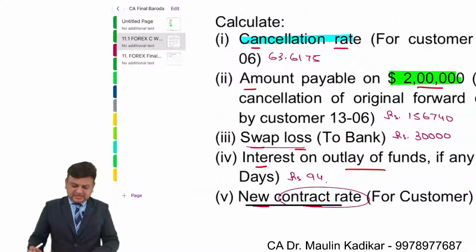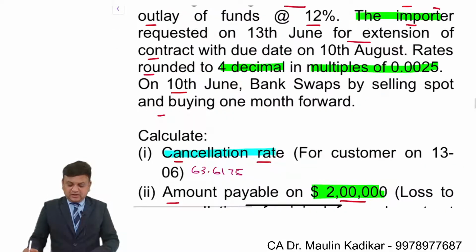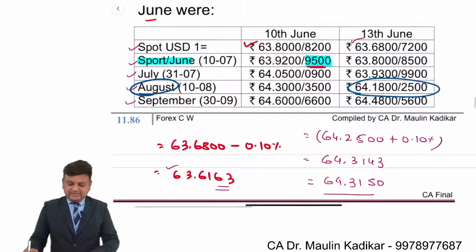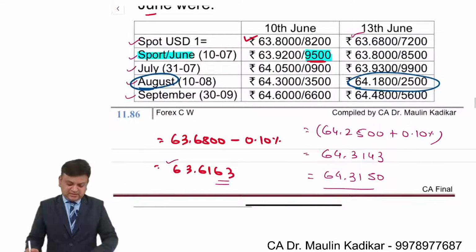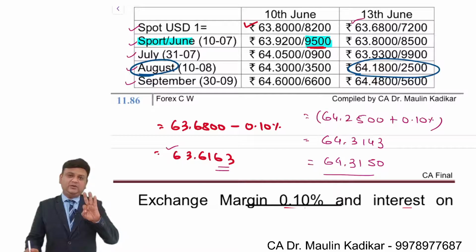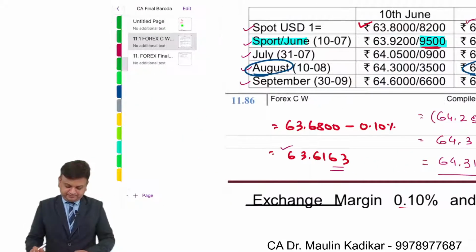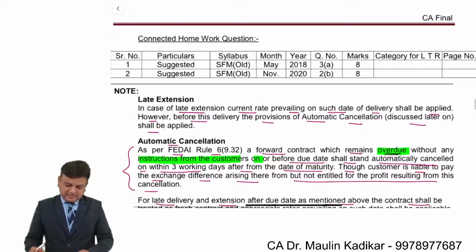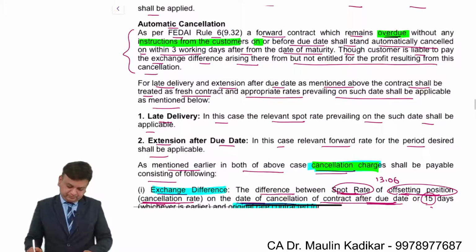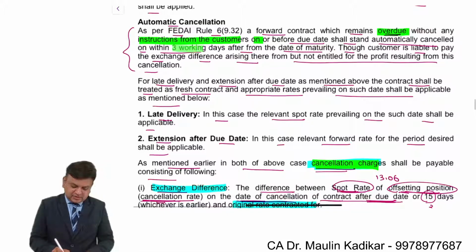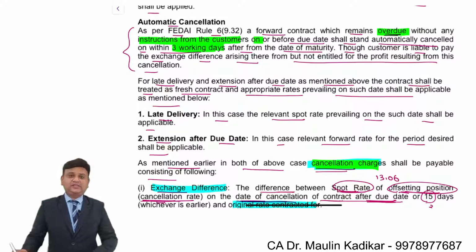The second thing is that earlier this time period was 15 days. The grace period which is 3 days now was earlier 15 days as per the FEDAI rules.